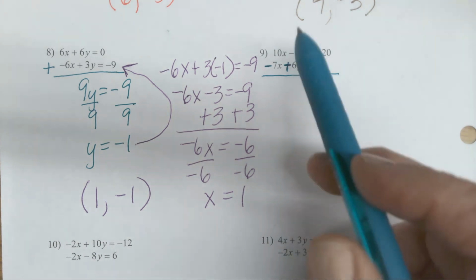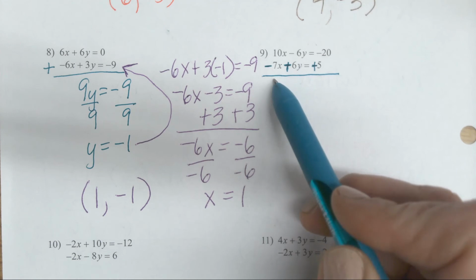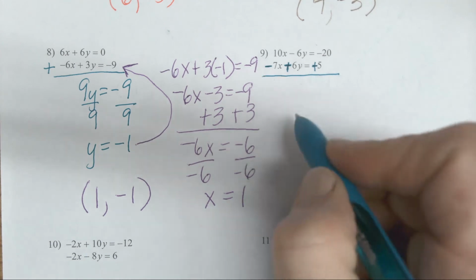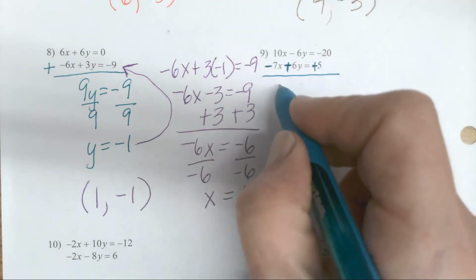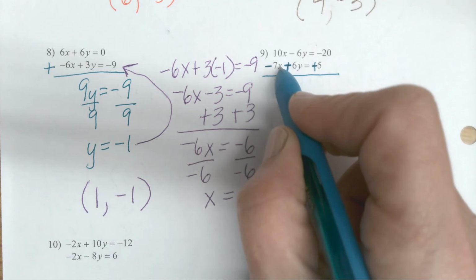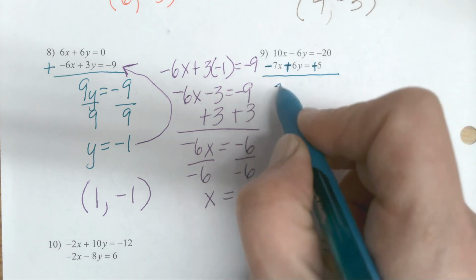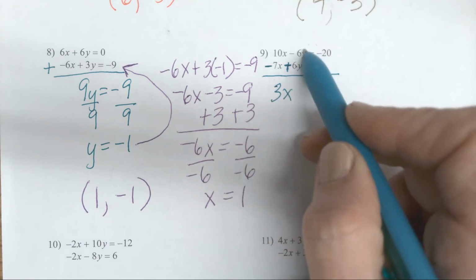So what is 10x plus negative 7x? 3x. Minus 6y plus 6y cancels out.